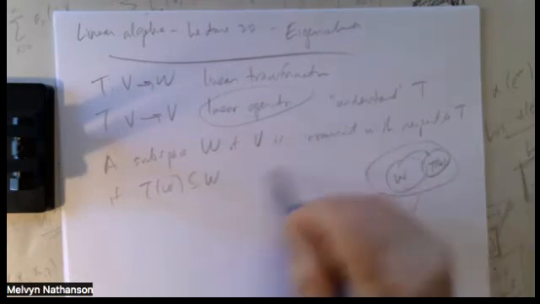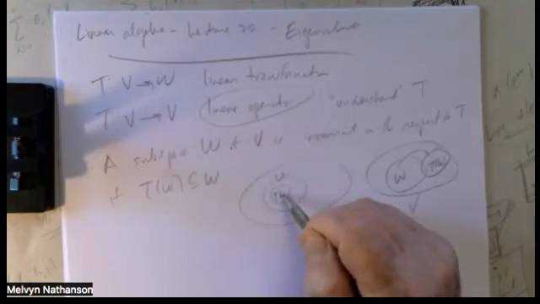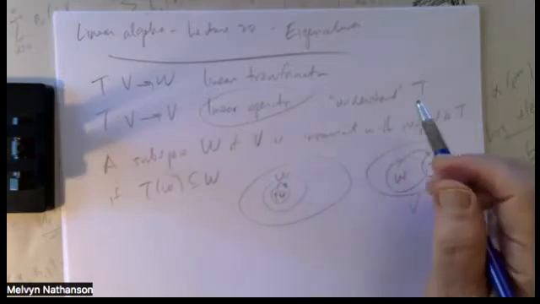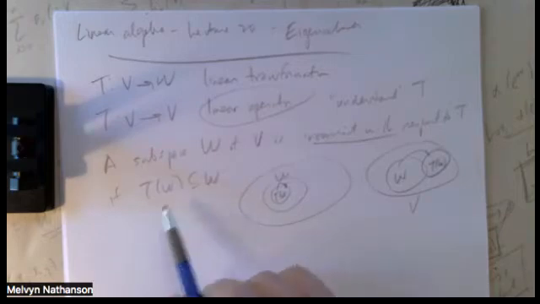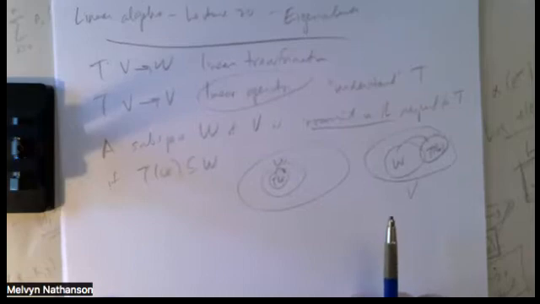But if W has the property that any vector in W just gets mapped to something inside of W, that simplifies things a little bit. And knowing what invariant subspaces are helps us understand the operator.